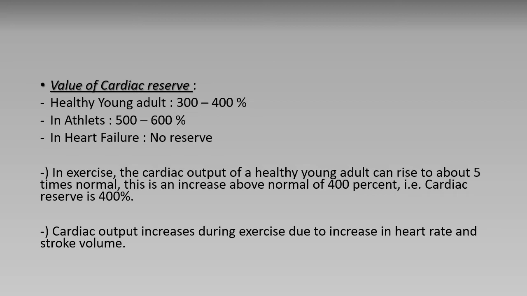So in exercise, the cardiac output of a healthy young adult can rise to about 5 times normal. So this is an increase above normal of 400% roughly. So cardiac reserve is 400%. Cardiac output increases during exercise due to increase in heart rate and stroke volume.